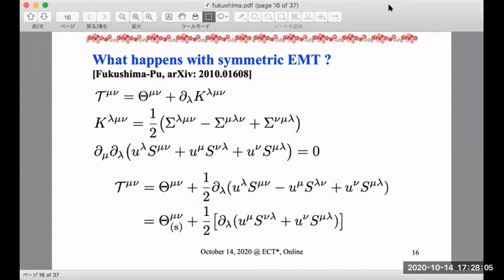The question is, once we fix the number of dynamical variables, the number of independent equations is different for the canonical and Belinfante, and that is the mystery, right? If the number of dynamical variables is the same.